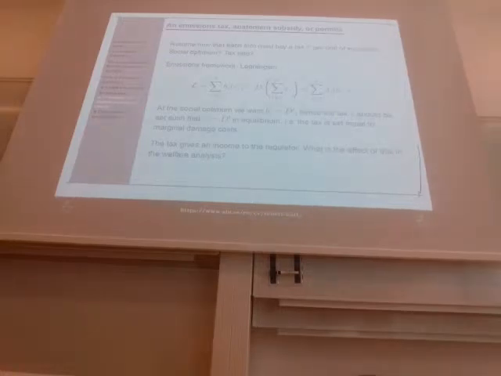But there's a problem with this problem. What's the problem with this problem, from the regulator's point of view? This isn't correctly formulated, or not specific enough.